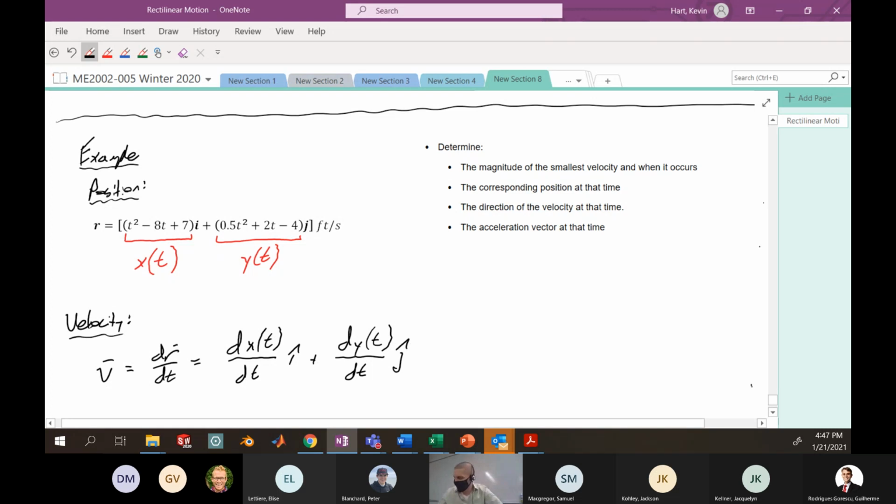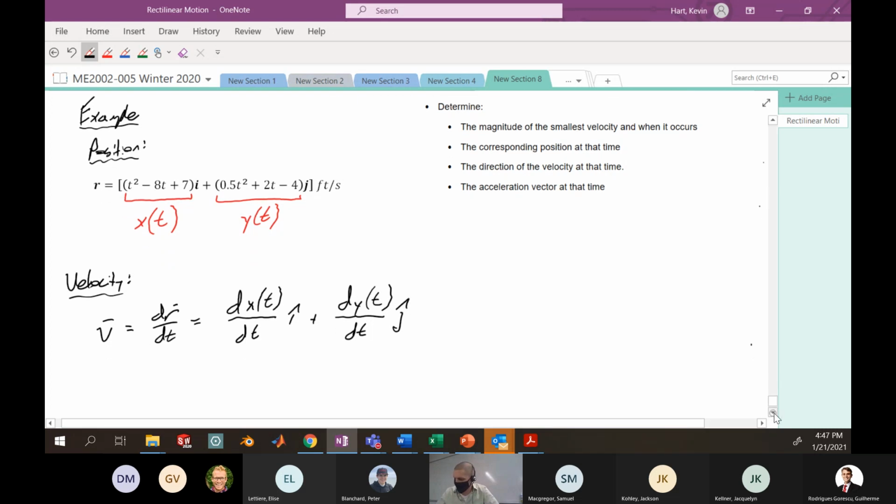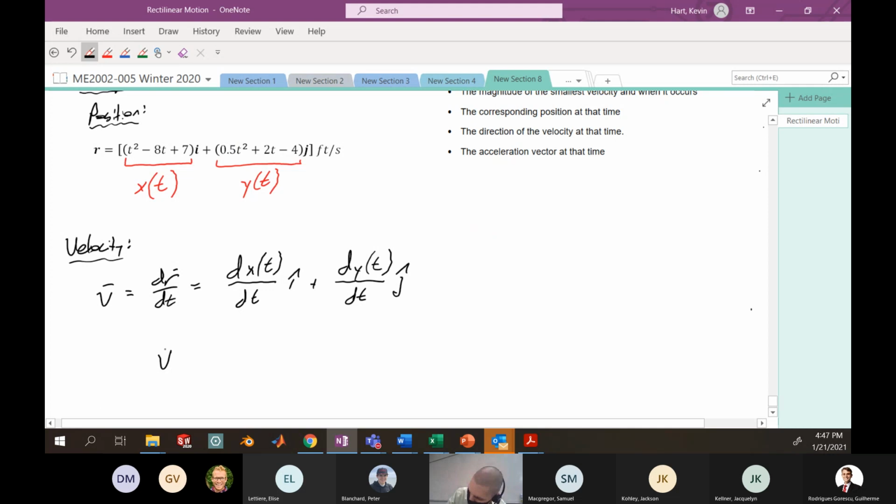All right, pretty easy then to get your velocity as a function of time. Just basic derivatives of polynomial equations here. So the derivative of the x coordinate as a function of time is going to look something like 2t minus 8 in the i hat, plus, what would be 1t plus 2, so I'll just write this as t plus 2 in the j hat.